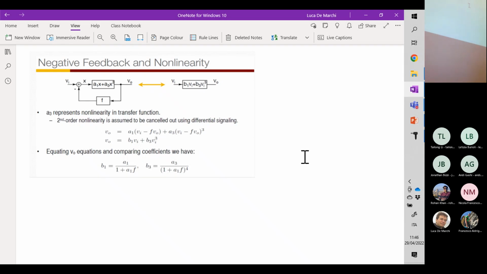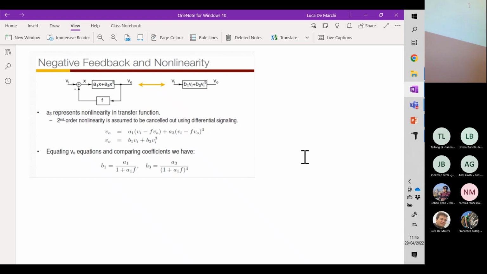Another interesting aspect is that, thanks to feedback, we may somehow reduce the effect of nonlinearities in the amplification stages of our circuit.